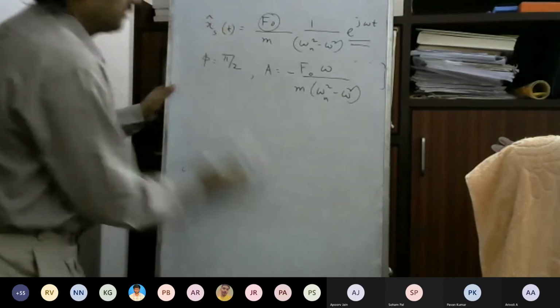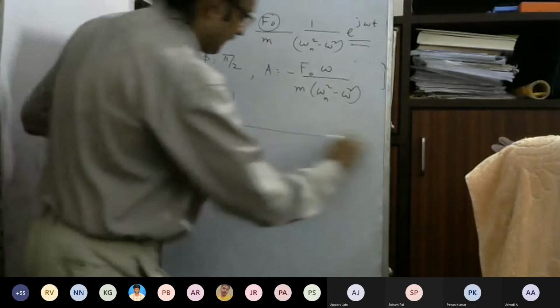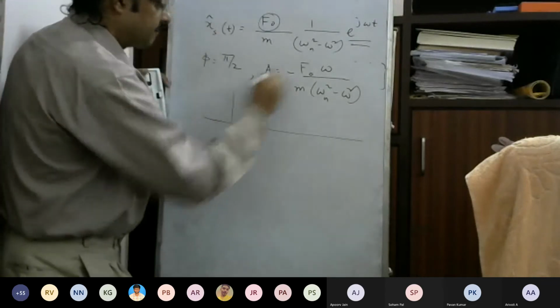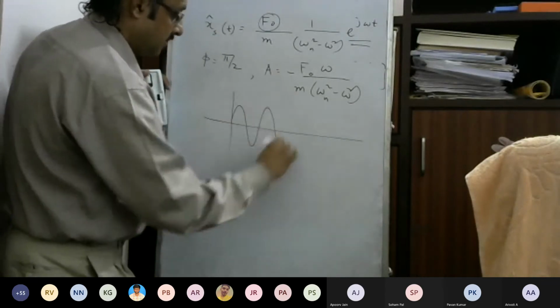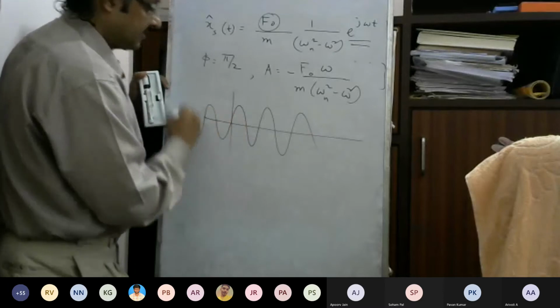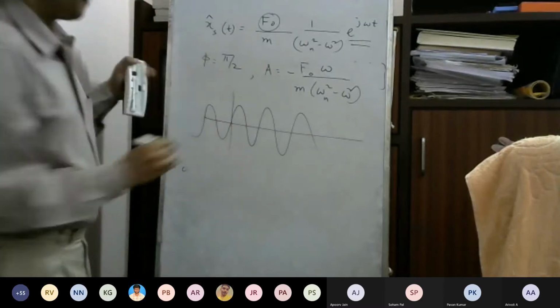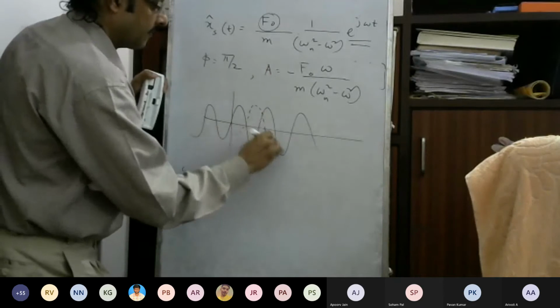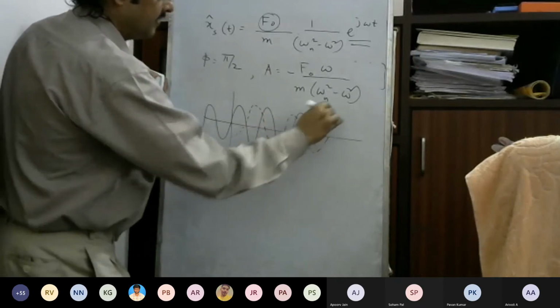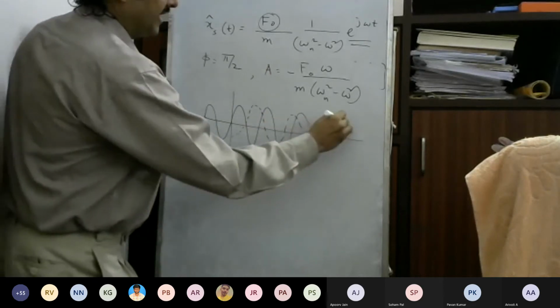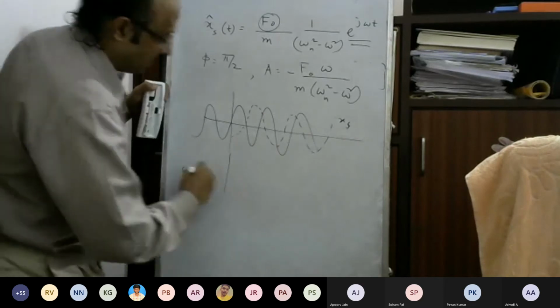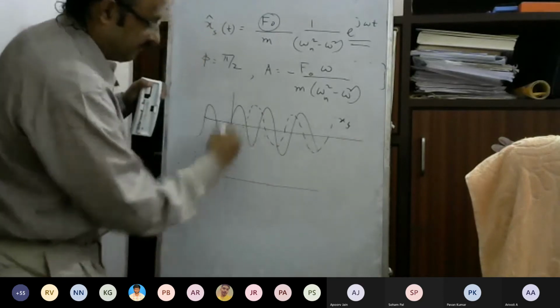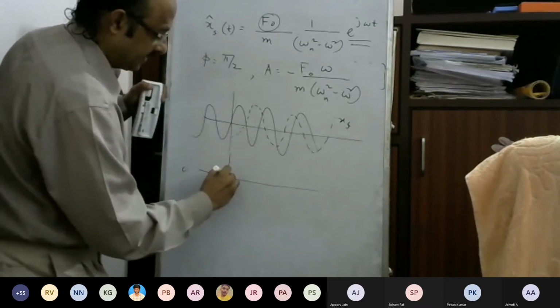Then the total response will be the forced response like this, plus the other part, the x_f part, so that the overall response, if you add up the contributions, will be like this.